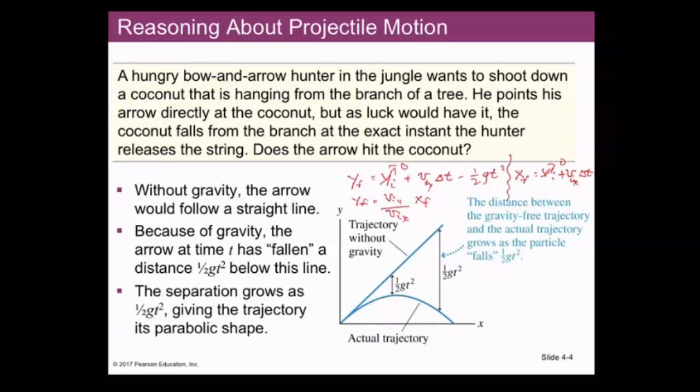So now our y equation changes from a straight line to the straight line minus this negative term, magnitude 1/2 gt squared. This causes a separation between the straight line and the actual trajectory, and the separation grows as 1/2 gt squared, giving the trajectory its parabolic shape.